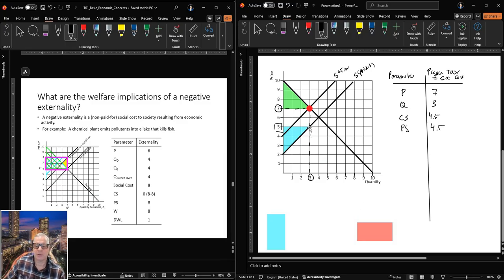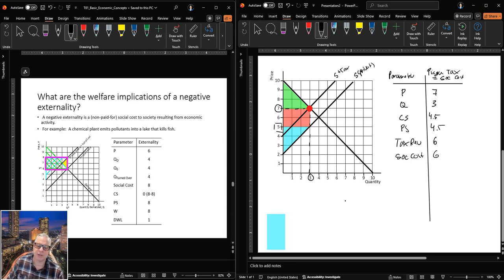So now we collect 3 times the tax of 2. So that's this red area. So the tax revenue is 6. But of course that is also equal to the social cost, because we have 3 times the social cost. So the social cost is 6 too.